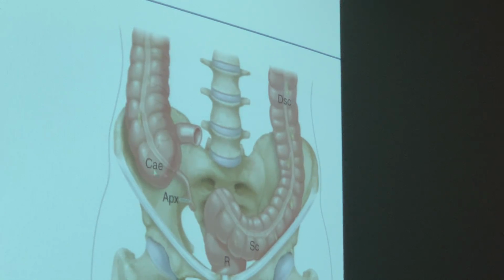Here you have your ascending colon, your transverse colon, your descending colon, your sigmoid, and then your rectum. If there's fluid or stool in there, we can see bowel. If it has air in there, we can't see bowel. It has to be fecal material or water.